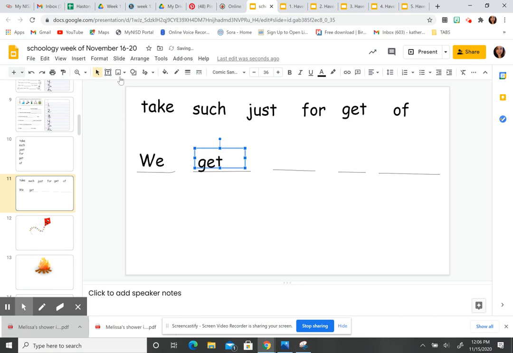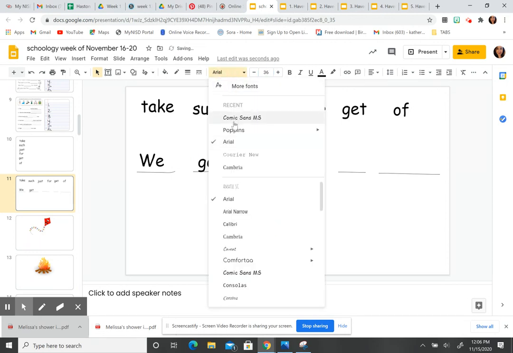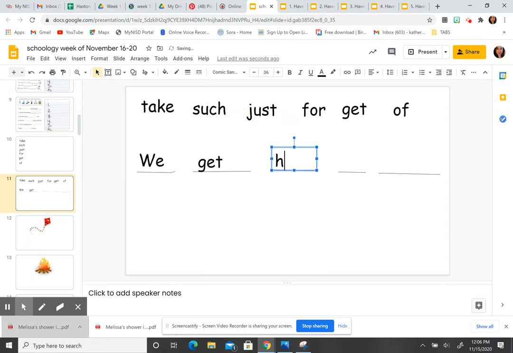We get. Ham is also going to have 3 sounds. A, m, a, m. Think about what our next word is. We get ham at. At. 2 sounds.